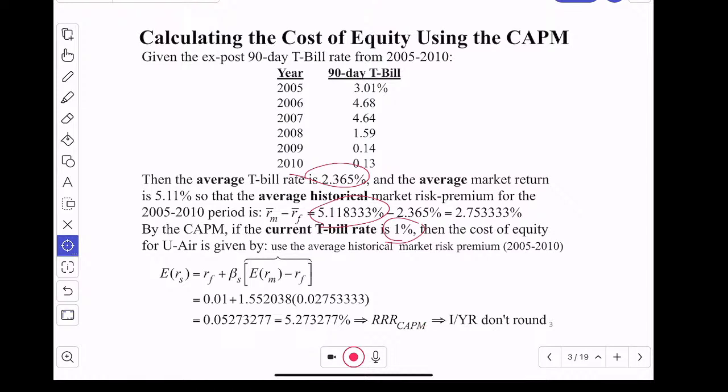And the one thing that, if you look at this again, may confuse you is that I didn't use the same RF here as I used here.